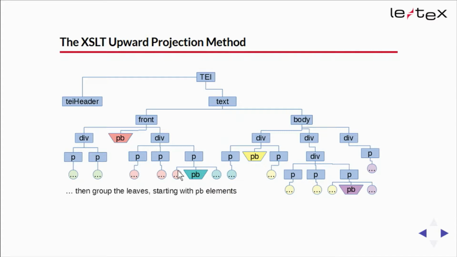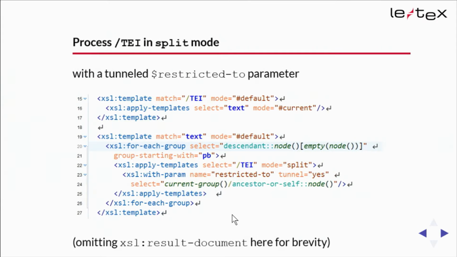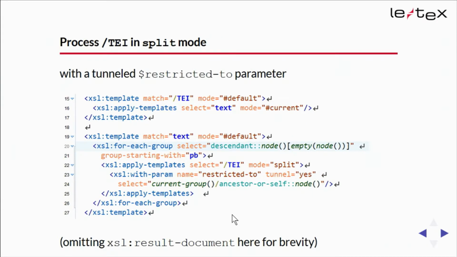And then we have these 5 groups. We have the first group without a page break before, then this one, this one, this one, and this one. And now comes the upward projection part, where the name that I gave the method derives from.